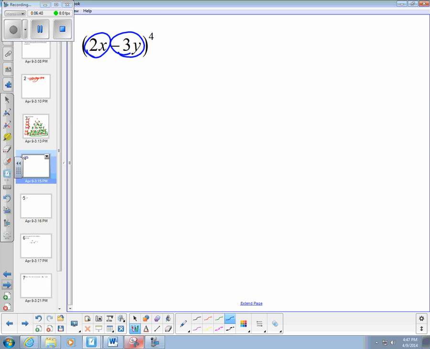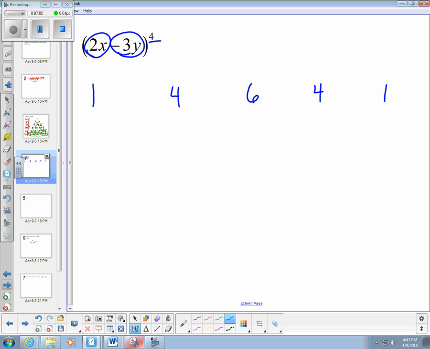So again, if it's to the fourth power, look at the fourth row of Pascal's triangle, and we had a 1, then a 4, then a 6, then a 4, and then a 1. Okay. Now remember, before we just took the x's and we went x to the fourth, x to the third, x squared, x, no x at the back.